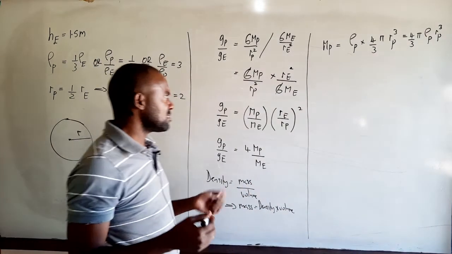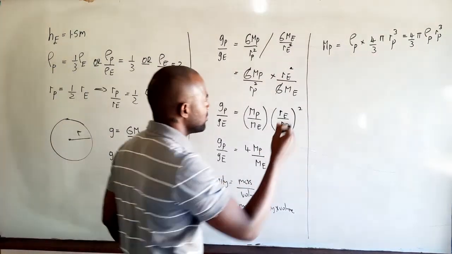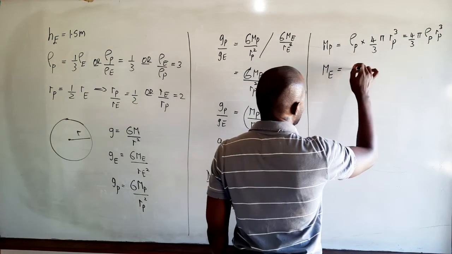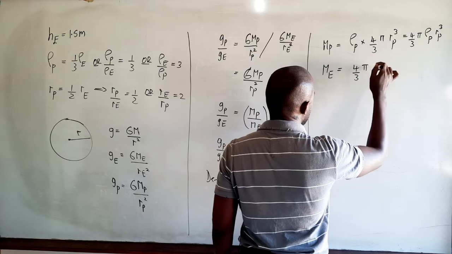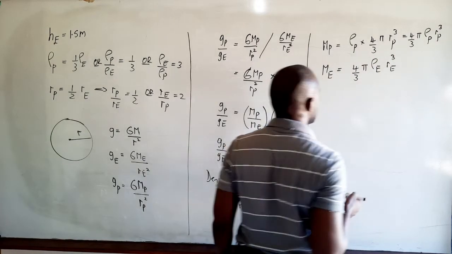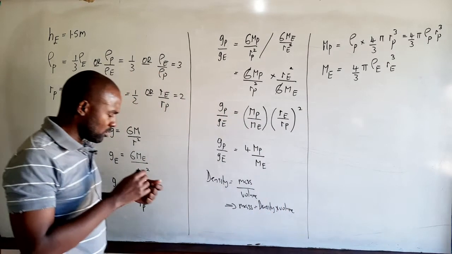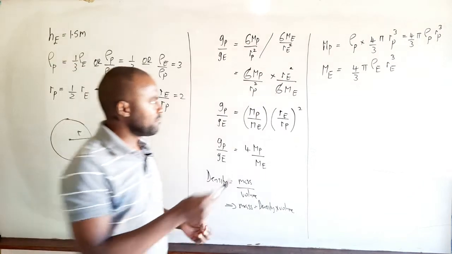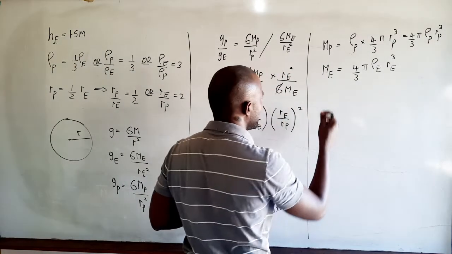We can do something similar for the mass of Earth, and so therefore this would mean that the mass of Earth would be equal to 4/3 pi, the density of Earth, times the radius of Earth cubed, right? So remember, what we really want to find is the ratio MP over ME, and if we were to then divide these two equations, what we get is this.